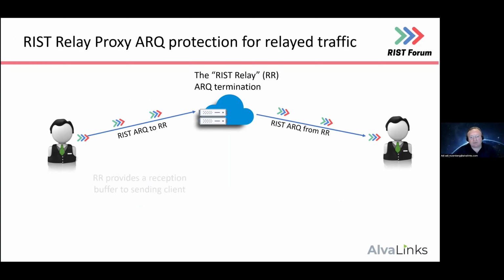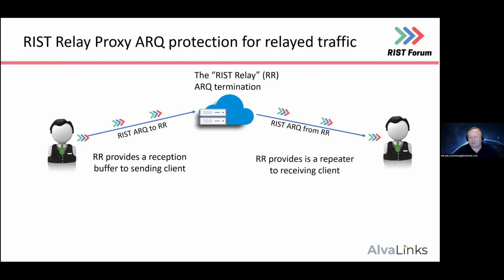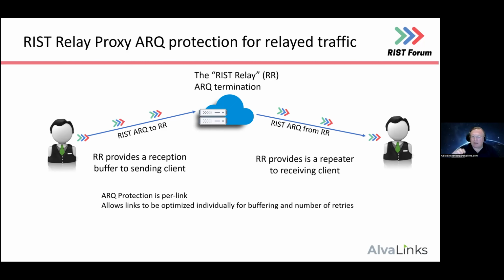In this case, the RIST relay provides a reception buffer to the sending clients. It does the jittering and error recovery, and the client interacts with the RIST relay to recover any packet on the path from the peer to the RIST relay. The same goes for the other party. So the RIST relay will act as a repeater to the receiving client.